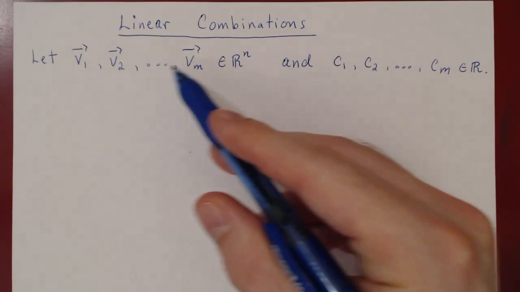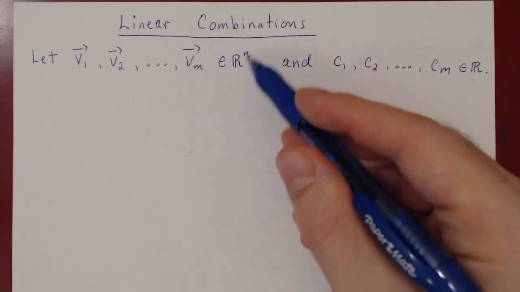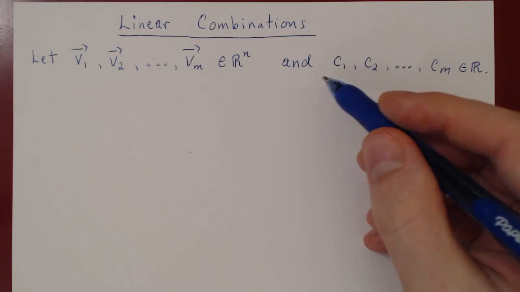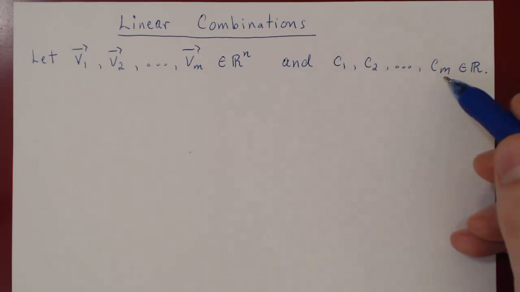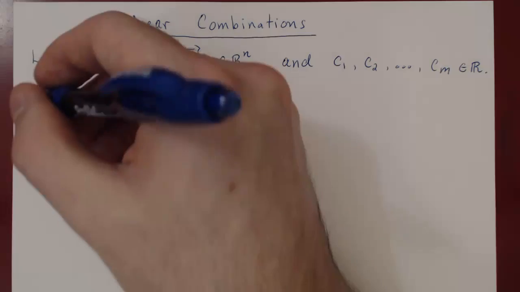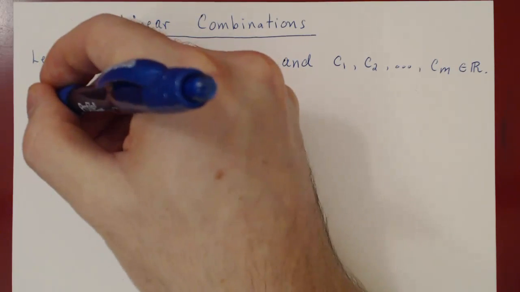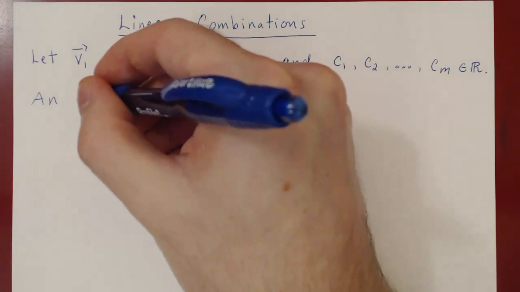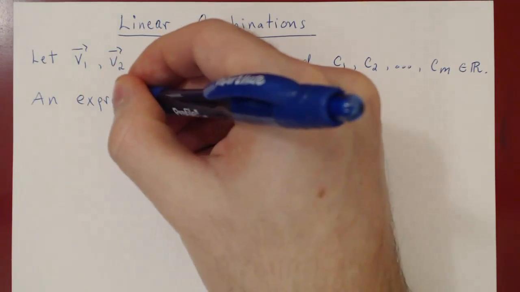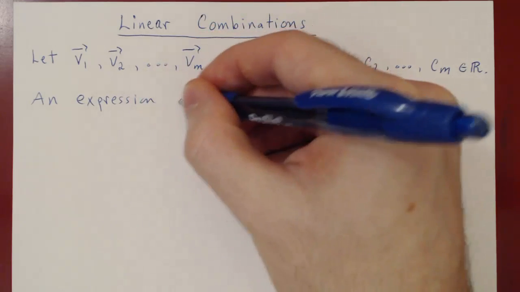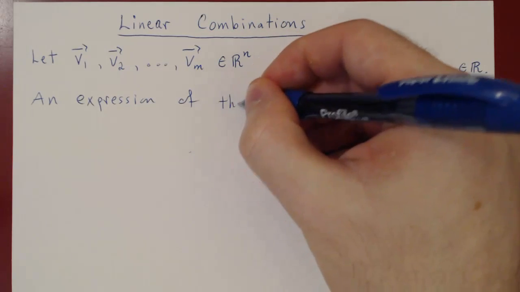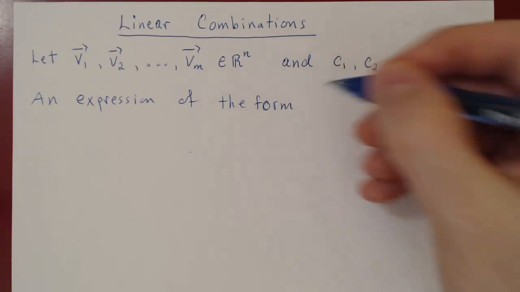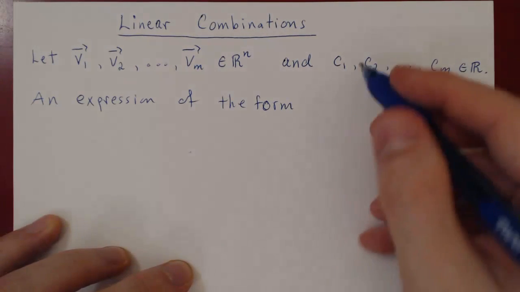So suppose you have m vectors, v1 through vm, in Rn, therefore column matrices of length n, and take m real numbers c1 through cm. Then we'll define what a linear combination is: an expression of the form, well, what is the expression?